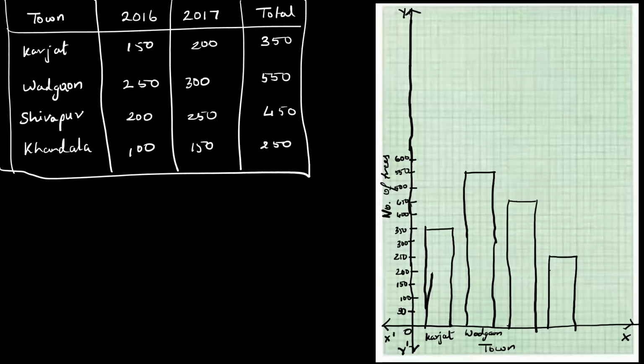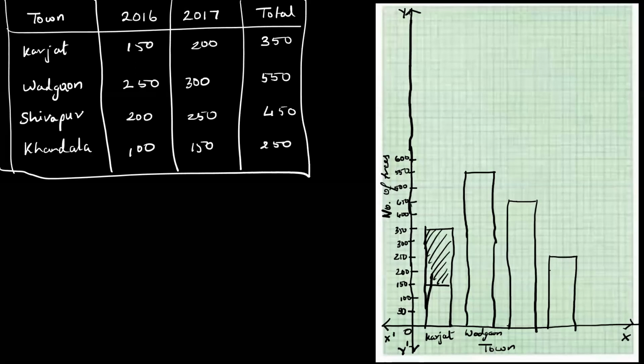Now here I want to divide it into these two parts. So what I'll do is I'll draw 2016 below and 2017 above. So I'll only mark these ones now. So remaining will be this. So Karjat is 150, 150 is here. If this much is 150, above will be 200. That is why total is 350. So I'll shade this part.